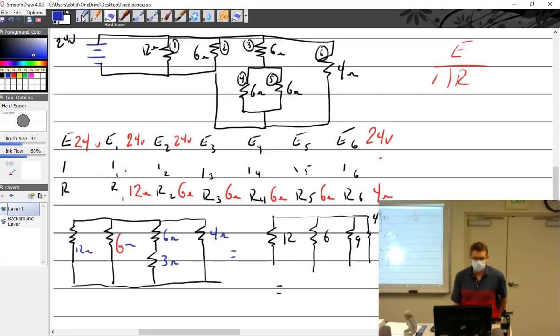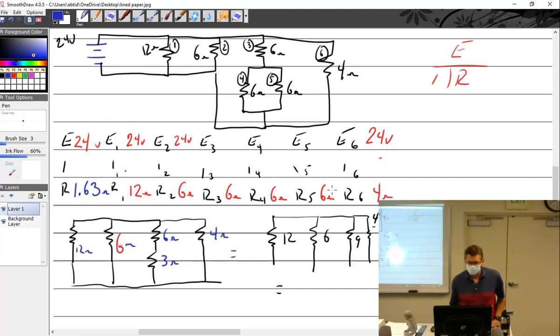So bring those together, 12, 6, 9, and 4. It's got to be less than 4. I got 1.63. 1.63. I did too. It's right there on my calculator. So 1.63 ohms. Okay. It's very difficult to do on a small piece of paper.